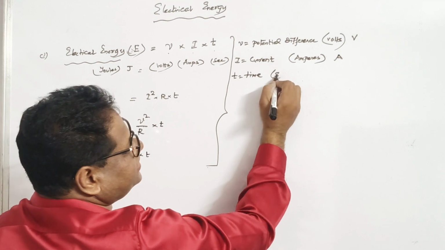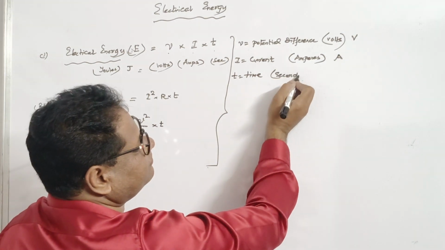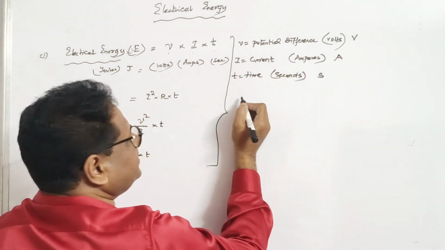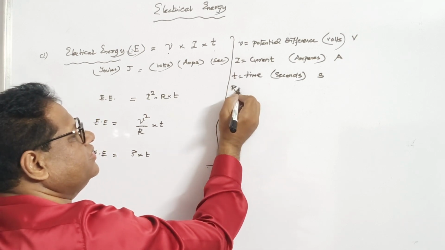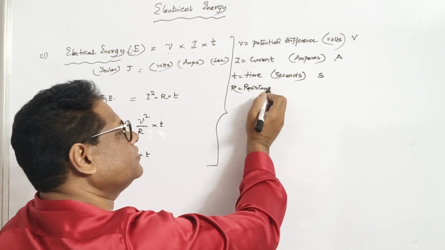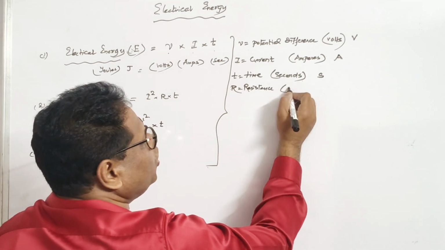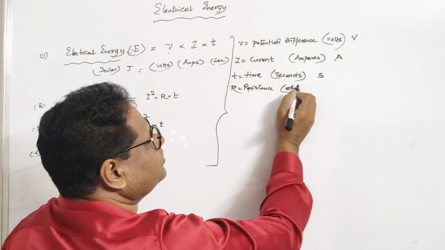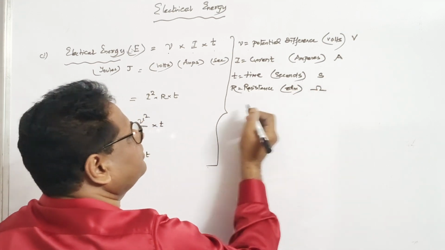This is in seconds, abbreviated as S. Then we have R, the resistance, expressed in ohms, and the symbol is omega.